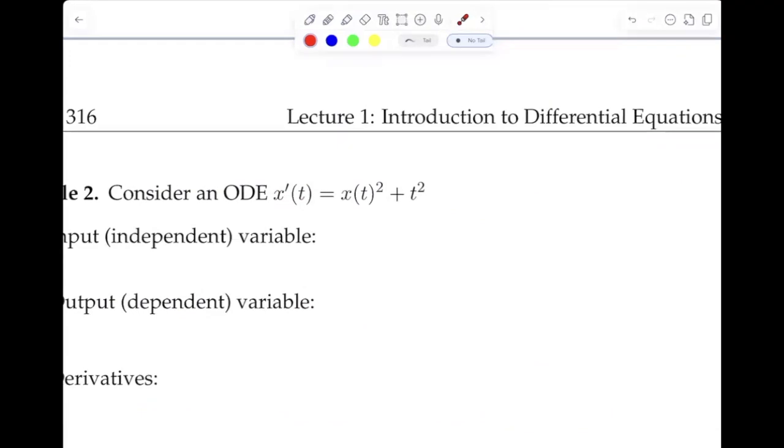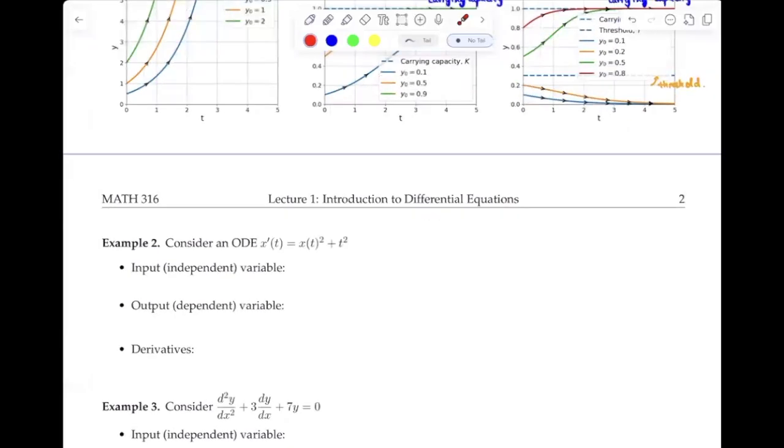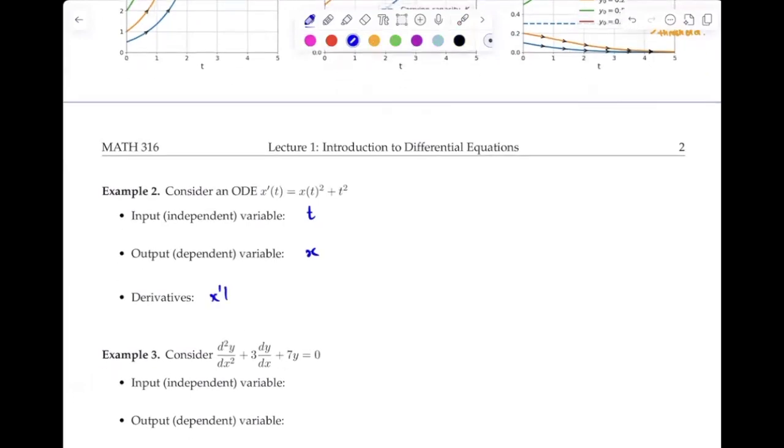So x is a function of t, therefore t is the independent variable. The independent variable or the input is t. The output or the dependent variable is x, and the derivative is x prime of t.